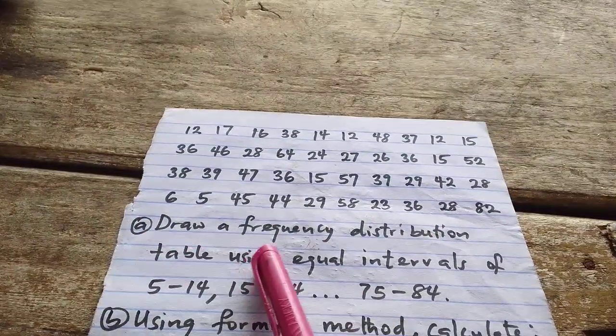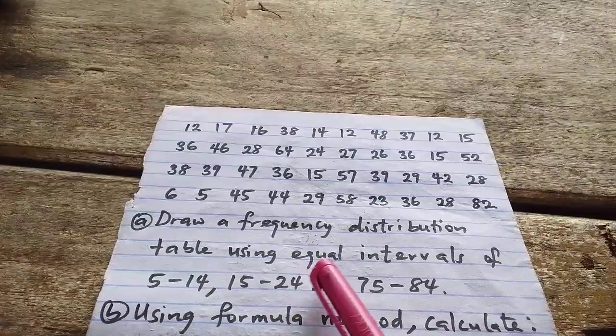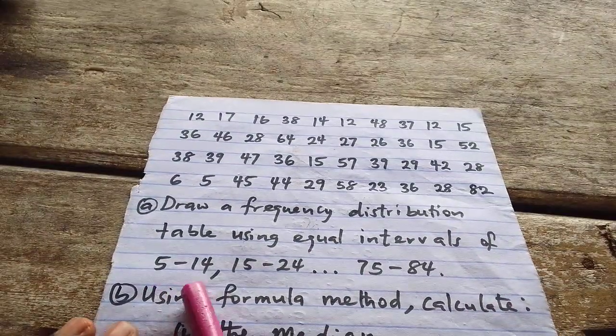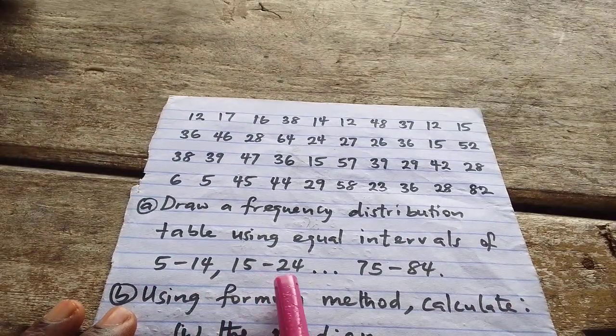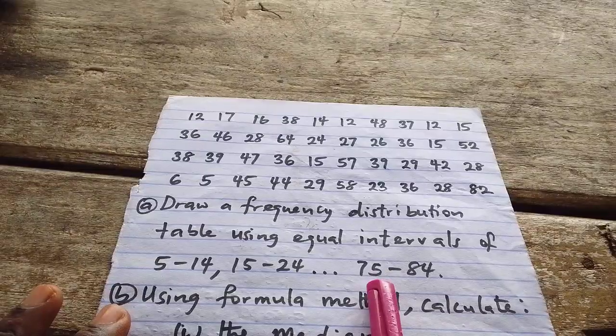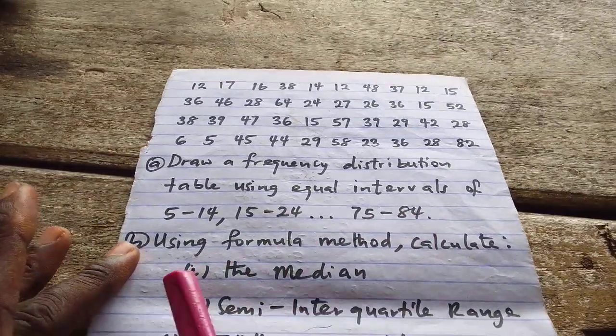A. Draw a frequency distribution table using equal intervals of 5 to 14, 15 to 24, till 75 to 84.